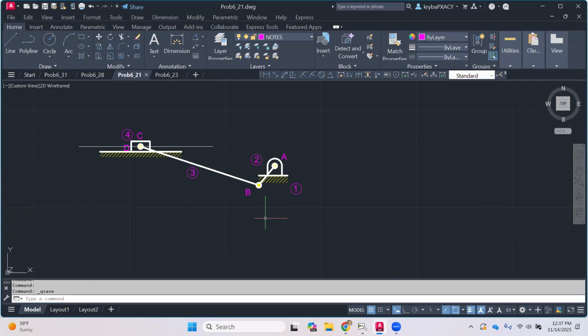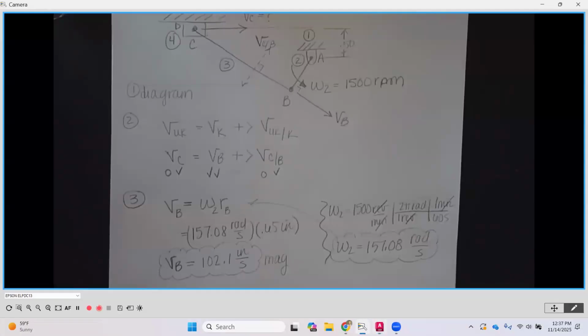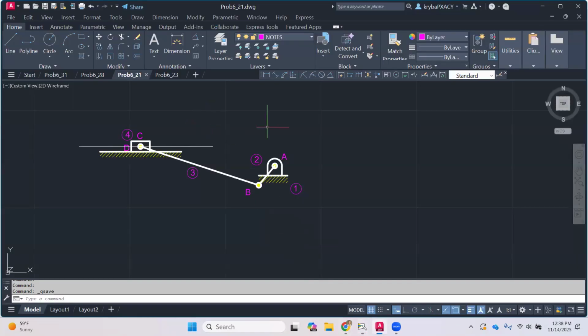What I'm going to do with the scaling, if you would, you'll notice I'm going to go back underneath here, my number is 102.1 inches per second. If I draw that to scale, then in my AutoCAD, if I want to draw my vector diagram over here, it is going to be huge compared to this. And I want to keep the sizes relatively in the same ballpark.